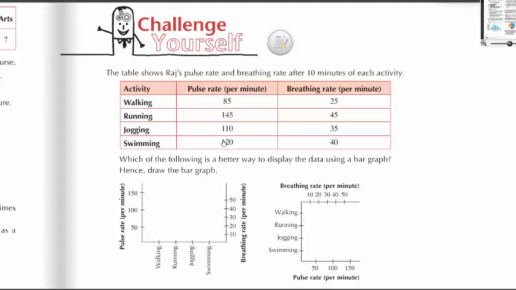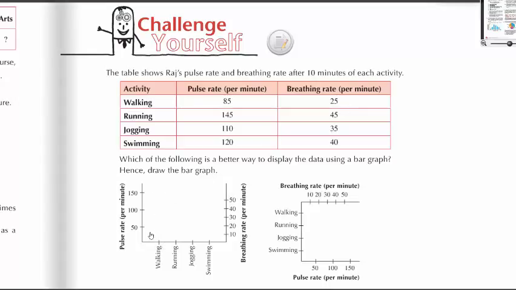So how are you going to draw these two data on here? For example, for walking, you should draw two bars. One bar corresponding to 85. So you should draw 85 over here. And then one bar corresponding to the breathing rate.